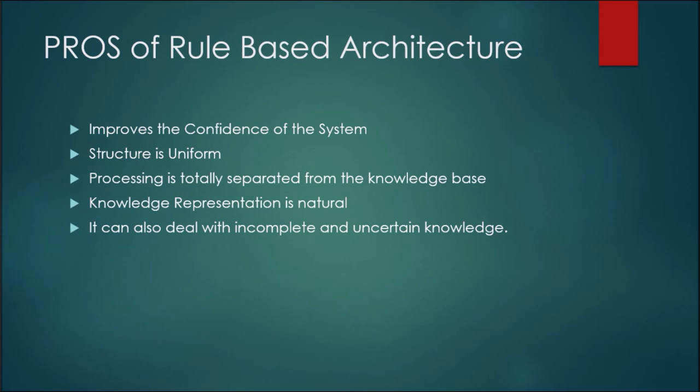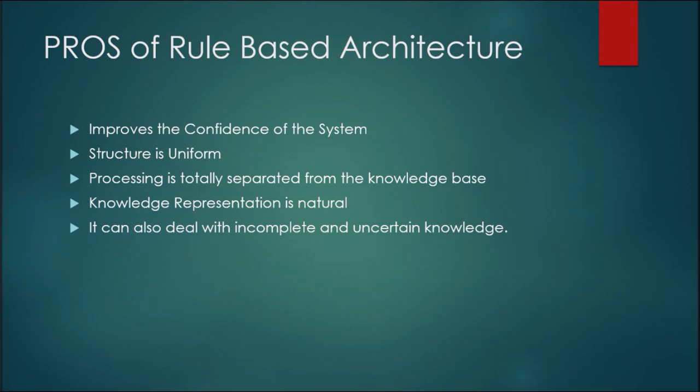Processing is totally separated from the knowledge base, so the knowledge base is totally different from what we see on the user side. That's a separation of two different things in your whole project. Another one is that knowledge representation is natural, which is a good thing. It can also deal with incomplete and uncertain knowledge. So these are the advantages of rule-based architecture.